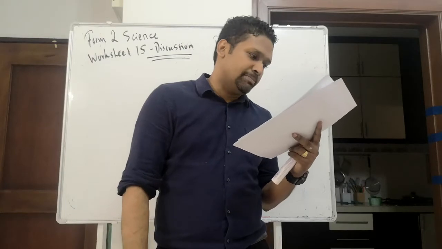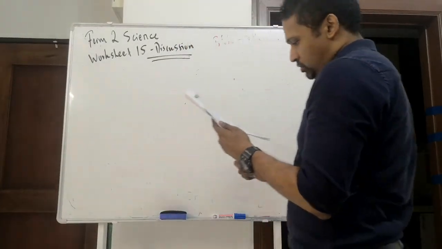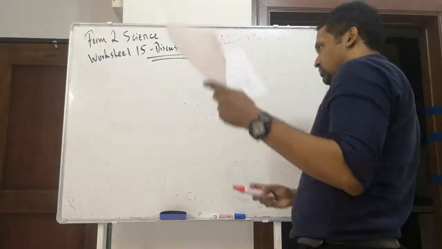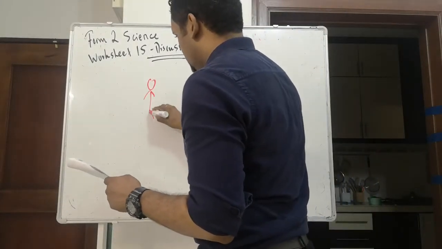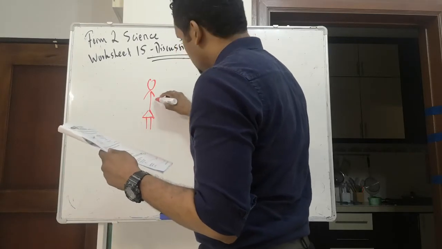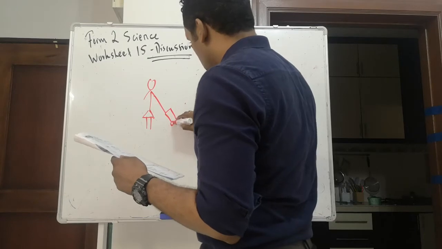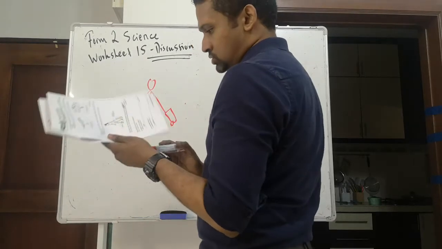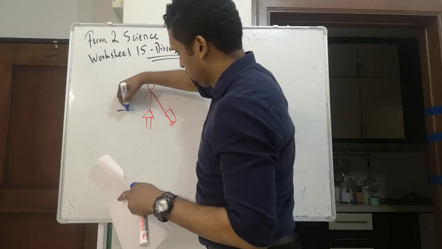Okay, number 2. The diagram shows this lady pulling this trolley back. Draw and label the magnitude of force and direction of force. Pulling this trolley back, the direction of force is this way.